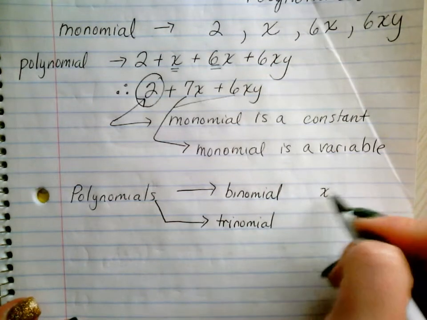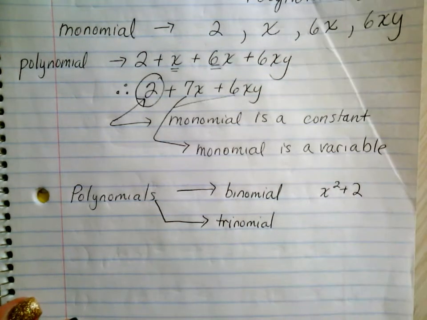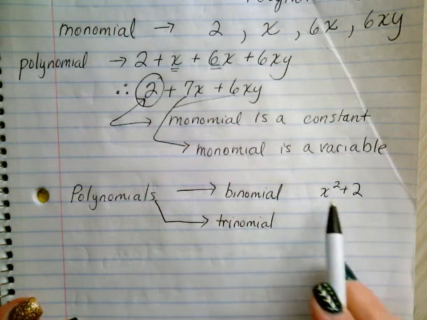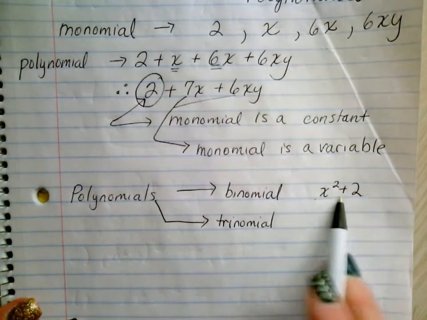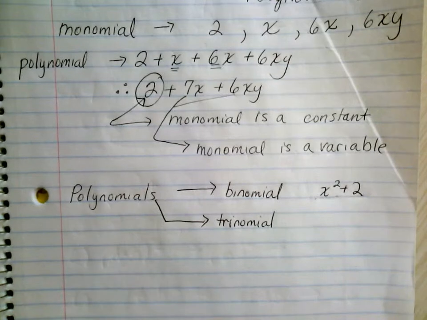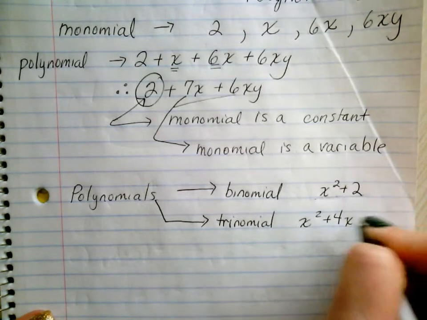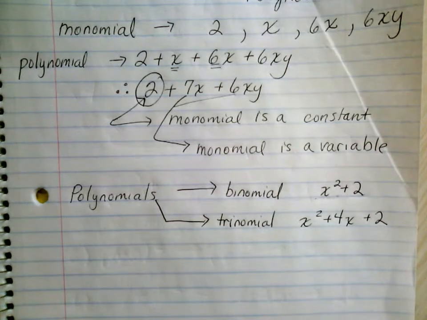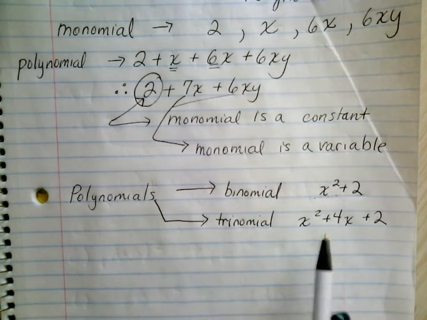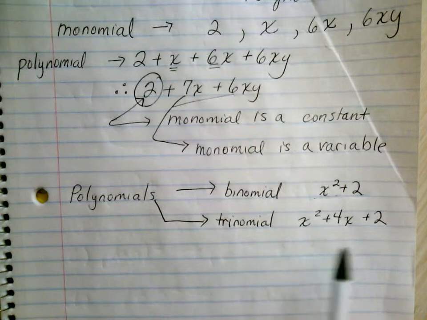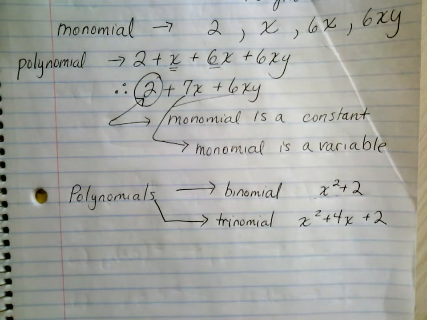Okay? Binomial, x squared plus 2, there are 2 terms. There is a variable and there is a constant. Trinomial, there are 3 terms, variables and a constant.